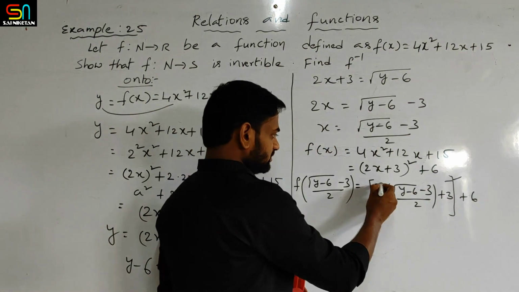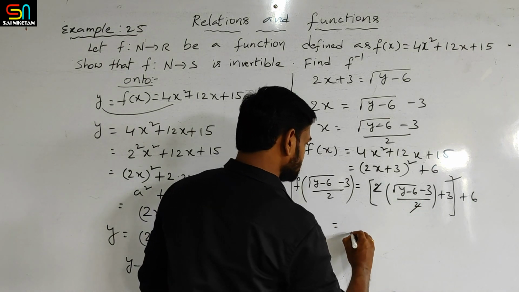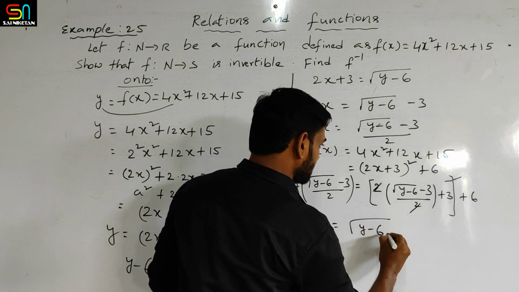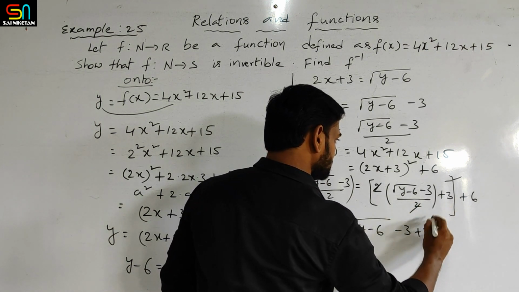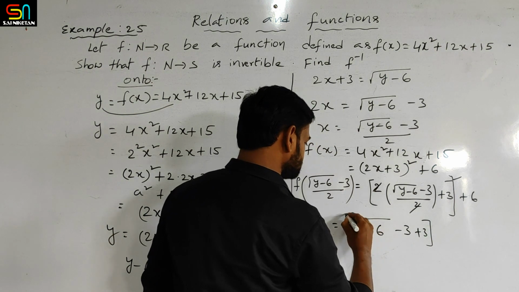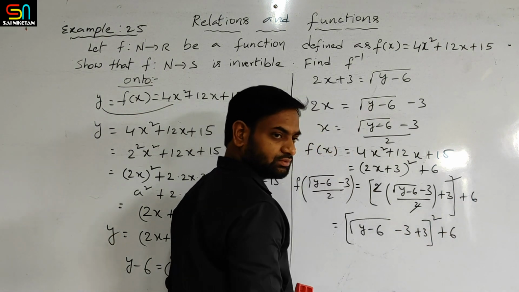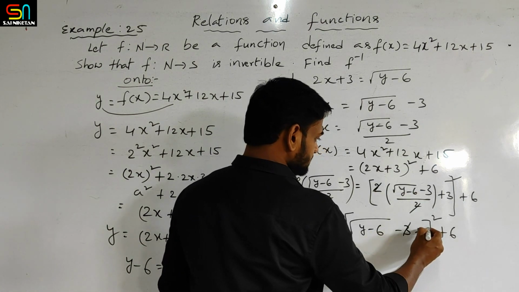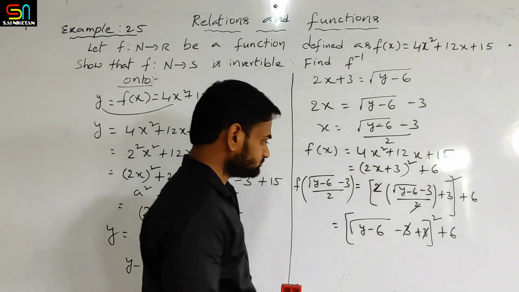Now see here, the 2 gets cancelled. Now what is remaining here? (Root of y minus 6 minus 3 plus 3) whole square plus 6. Minus 3 plus 3 gets cancelled.